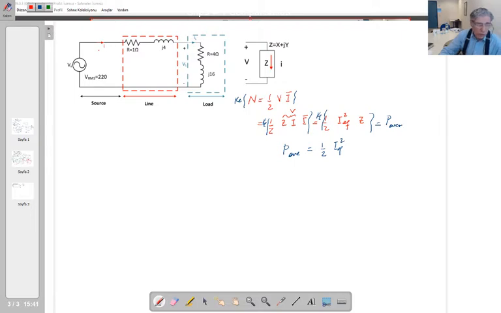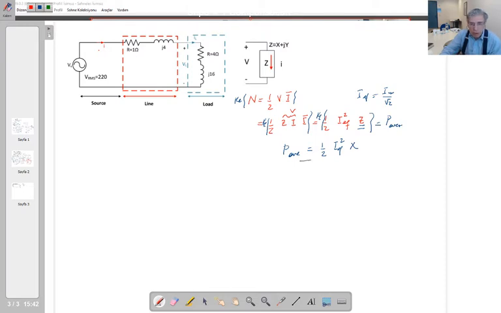We know the effective value is the max value over the square root of 2. This is a positive real number, not a complex number. So to get the real part of this formula, we are going to get the real part of Z, which is X. So the average power is going to be equal to this.